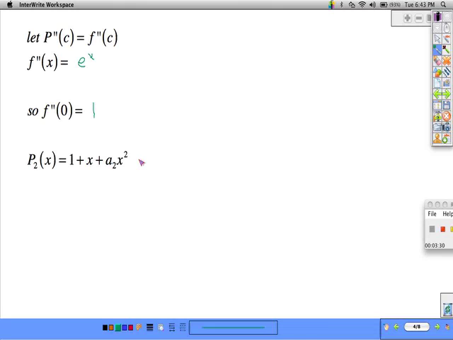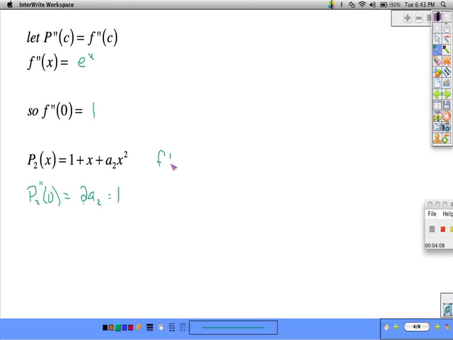Well, if I take the second derivative of my polynomial, I end up with 2 times a sub 2, and that has to equal 1.